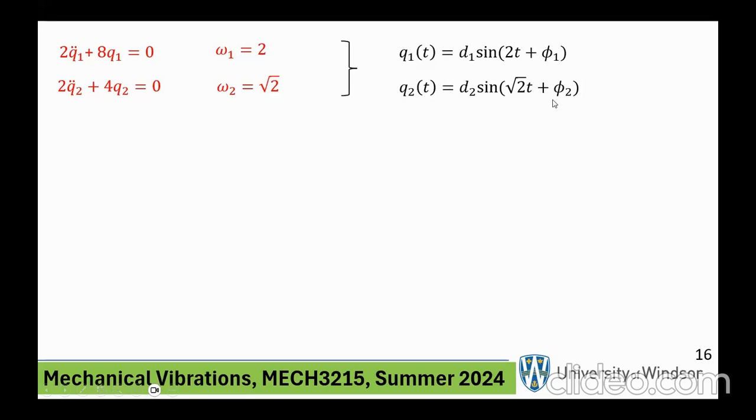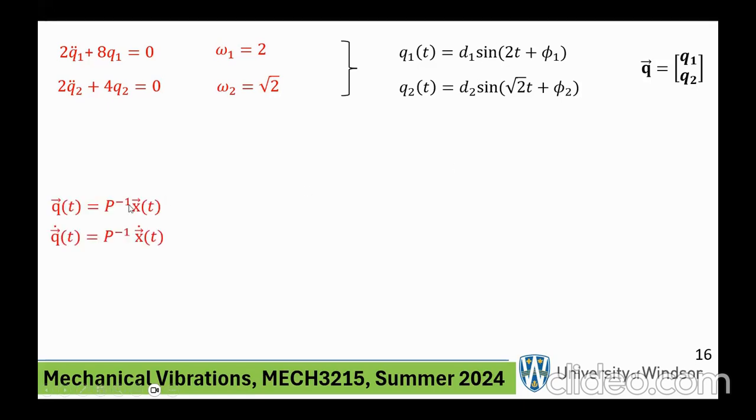The solution to the single degree of freedom system is right here. Of course, D1 and Phi1 depend on initial conditions, and D2 and Phi2 depend on the initial conditions. So, in order for me to find the solution, I need to find Q1 of 0 and Q2 of 0, which are the initial conditions associated with this decoupled system.